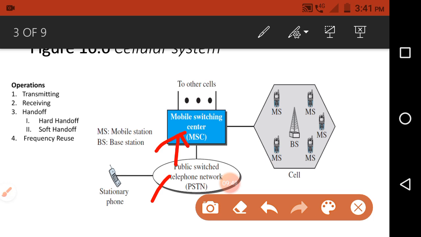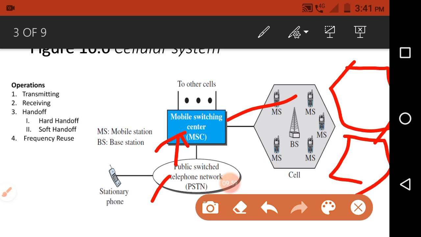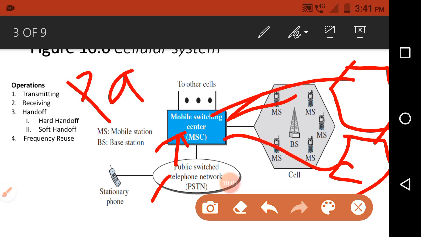Then the mobile switching center will search each cell, since many cells are present, divided into areas. That process we call paging.